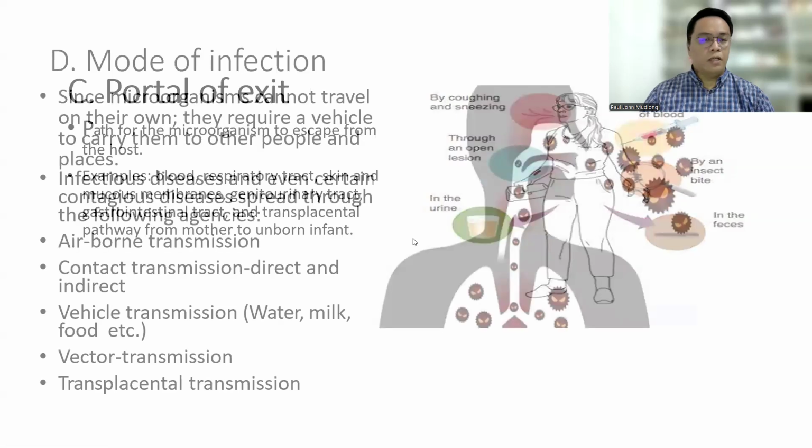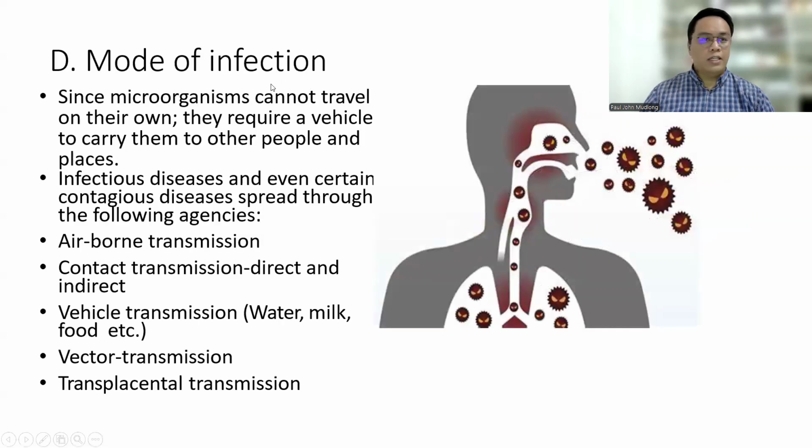Next one, mode of transmission. Since microorganisms cannot travel on their own, they require a vehicle to carry them to other people and places. Infectious diseases and even certain contagious diseases spread through the following agencies. First would be airborne precaution, contact transmission, direct or indirect, and vehicle transmission, either through water, milk, or food.